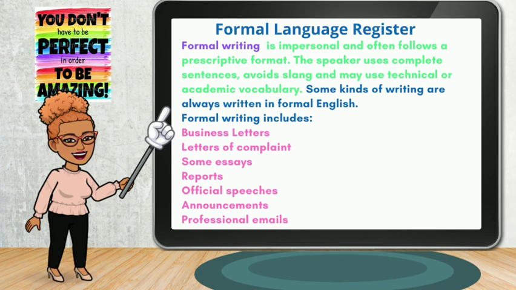The speaker uses complete sentences, avoids slang, and may use technical or academic vocabulary. Some kinds of writing are always written in formal English. Formal writing includes business letters, letters of complaint, some essays, reports, official speeches, announcements, and professional emails.